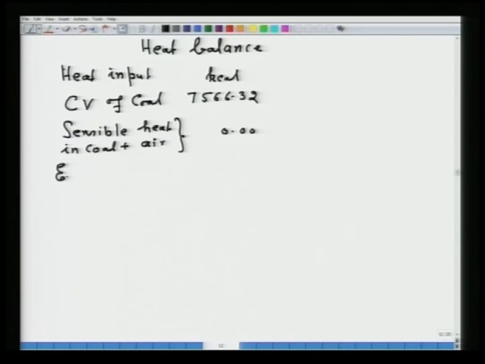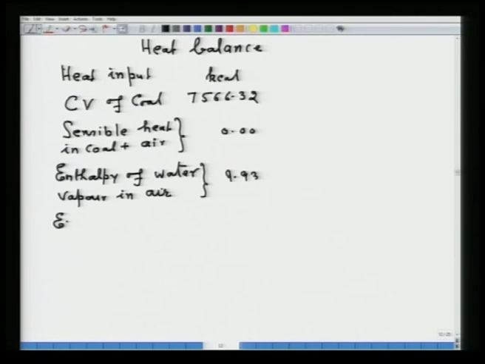Then the enthalpy of water vapor in air, that we have calculated as 9.93 kilocalorie, and the enthalpy of steam, that we have calculated as 166.00 kilocalorie.